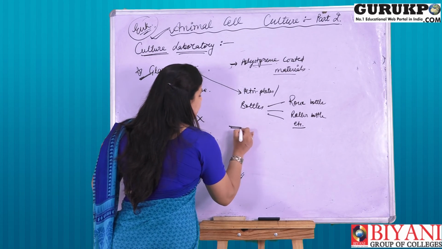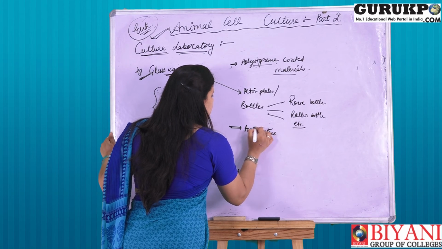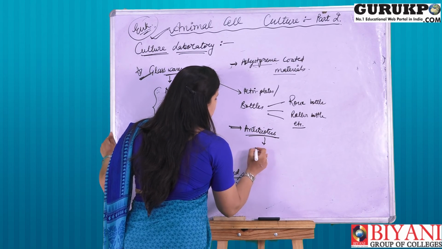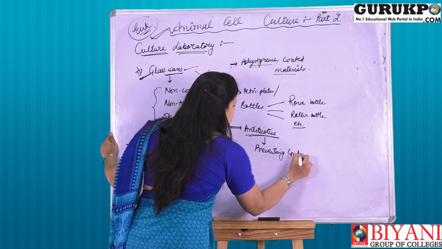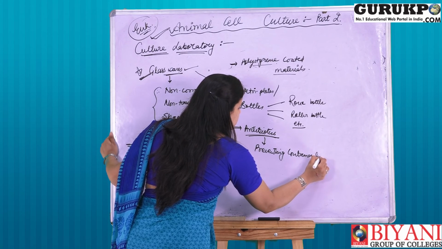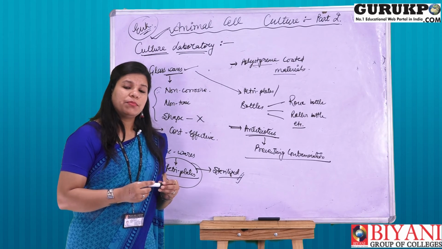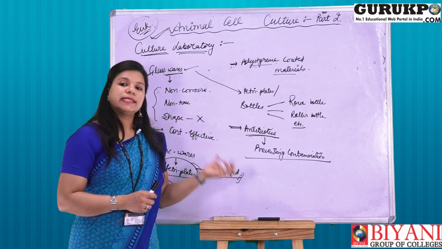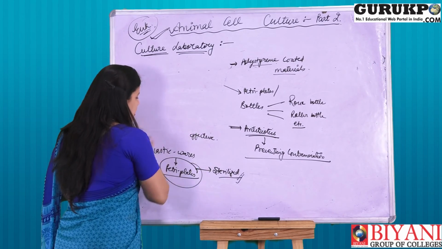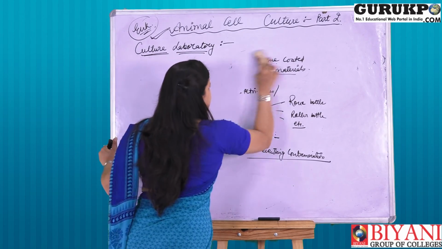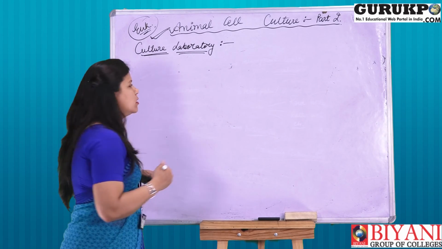Now the main thing is the use of antibiotics. The antibiotics are used for preventing contamination, right? So different kinds of antibiotics are being used according to the cell type. Mind it, whatever kind of cell you are using, it varies according to the body of the source, right?